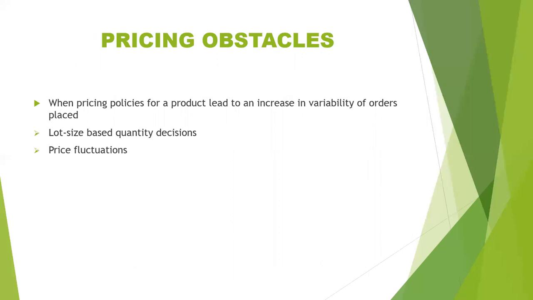If the lot size is more, there may be more quantity discounts and quantity variations can happen. That is, when the lot size is more, we can give a lesser price. And because of these price fluctuations, it can affect many of the customers as well as the retailers.